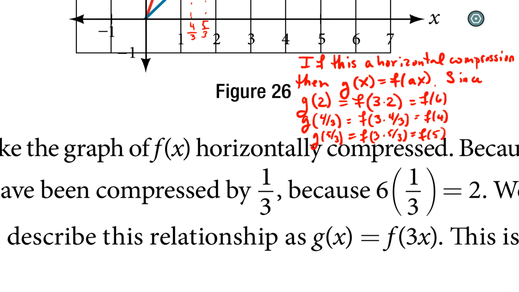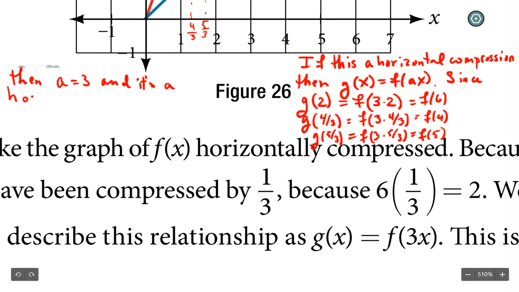I'm running out of space here, so I'm just going to write it here. Then a is 3, and it's a horizontal compression of 1/3.